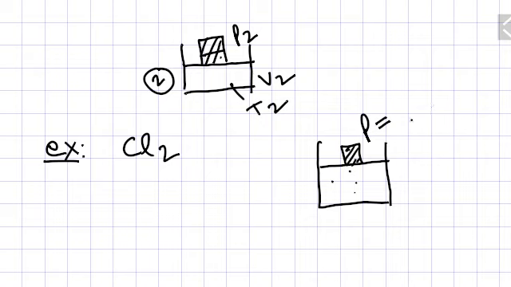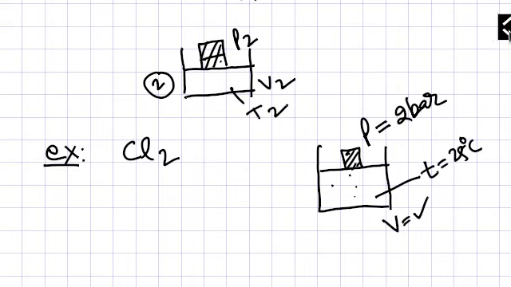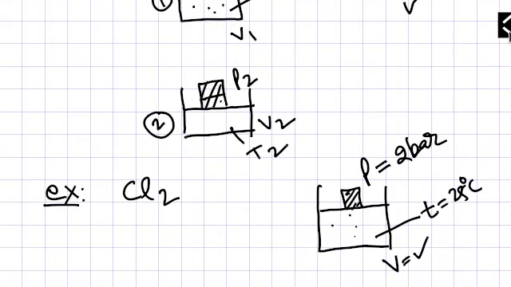Suppose the pressure is 2 bar that we are creating, and the temperature is 25 degrees centigrade, and it will have some volume. We are not very much interested in volume. Basically we are interested in 2 important data, that is P and T. So this is for chlorine gas, our actual system.